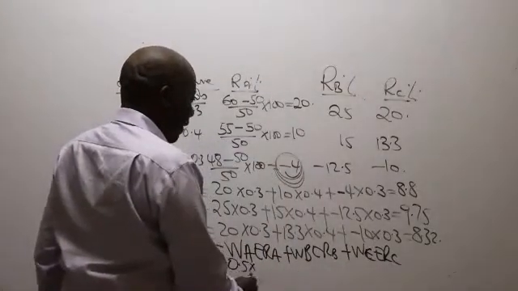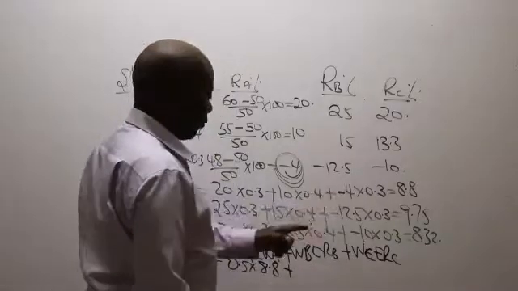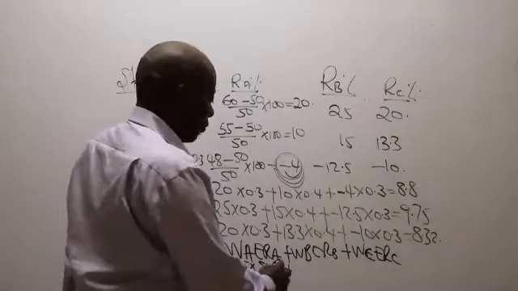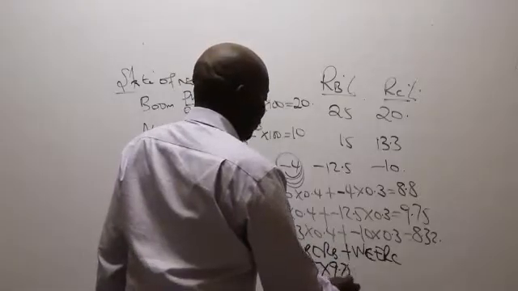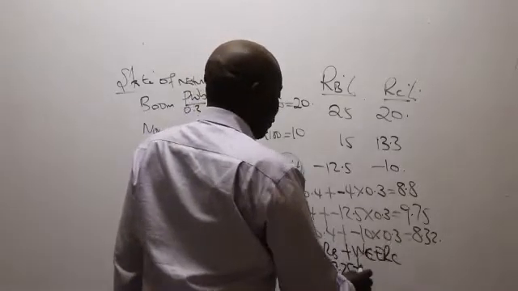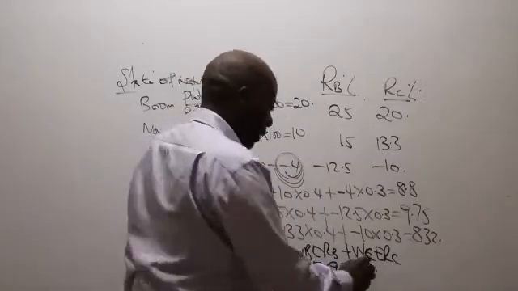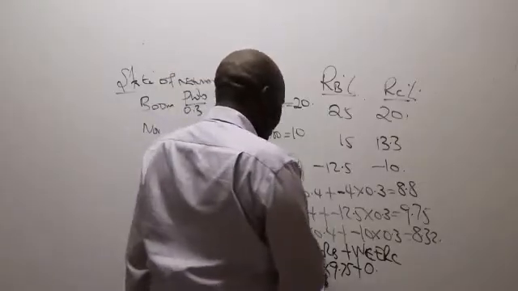Expected return of A, I can see here it's 8.8, right? Plus weight of B, 0.25 times expected return of B, which is 9.75, plus weight of C is 0.24. So this must have been 0.26.